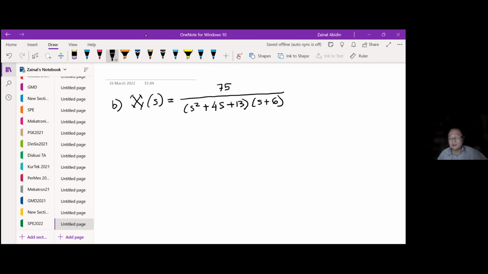Can you do this one? It's not available directly on the Laplace table. So you have to expand this one.